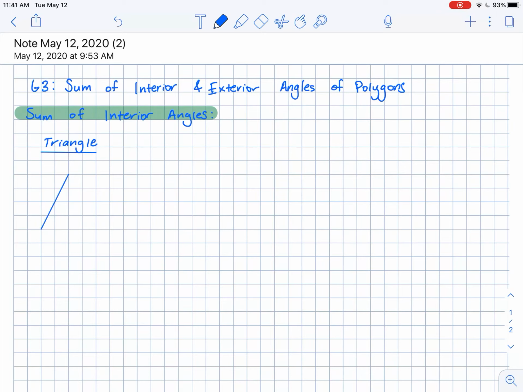If I have a triangle, and this is true for all triangles, and I have three angles, A, B, and C, what are the measures of those three angles going to add up to? If I add angle A plus angle B plus angle C, it's going to be 180 degrees.